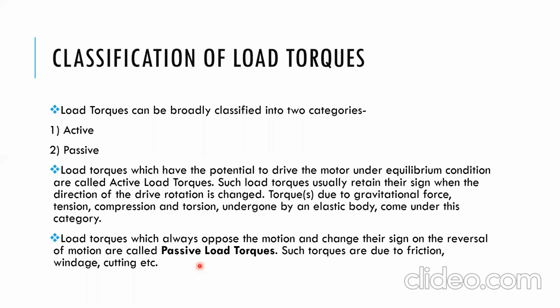Whatever the direction of the motor, the friction torque will act in the opposite direction. Similarly, windage will also always oppose the motion. And when we want to cut a metal, that particular metal will oppose the cutting operation. These are the passive load torques.